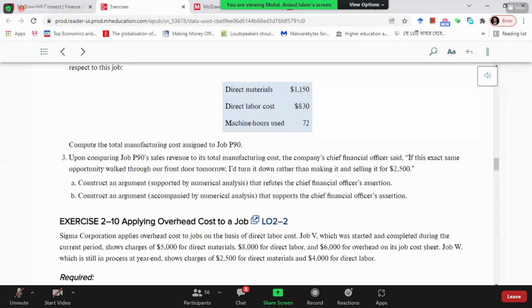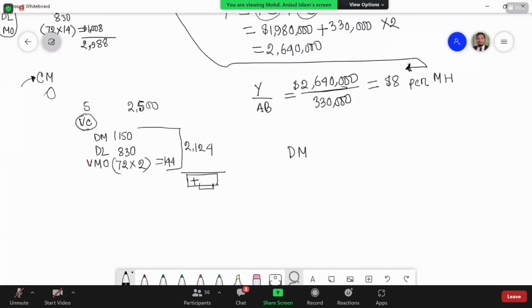To abandon this kind of opportunity. So direct materials cost is the same, $1,150. The direct labor is $830, and manufacturing overhead. We are not making a counter argument right now. We are trying to find a way to support the CFO's argument.